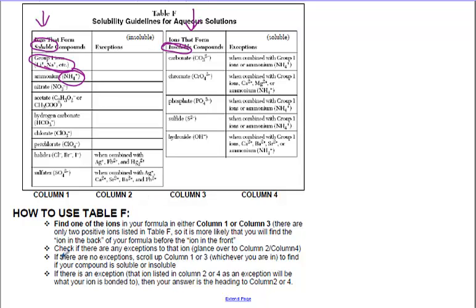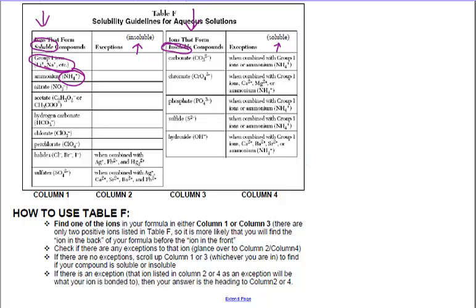Now, if there are exceptions to that ion listed in either column 2 or 4, then you read the exception and then you scroll up to the top and say, okay, well, it's the opposite. So if it should have been soluble, now there's an exception that makes it insoluble. Same thing with anything from column 3 going into the exceptions for column 4. It's going to be the opposite. It'll make it soluble then.